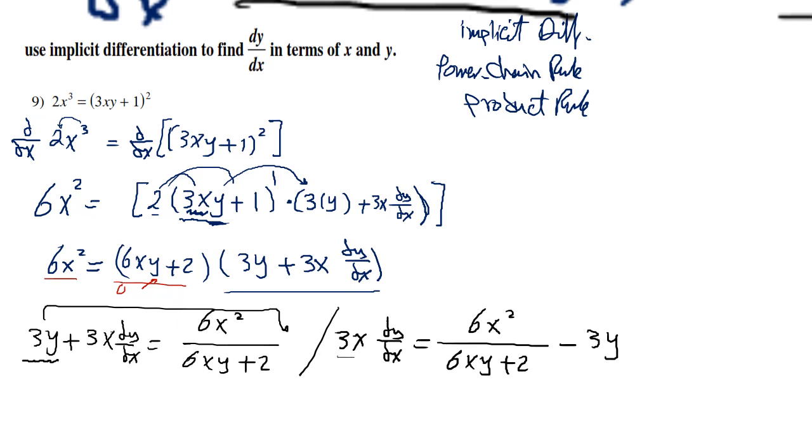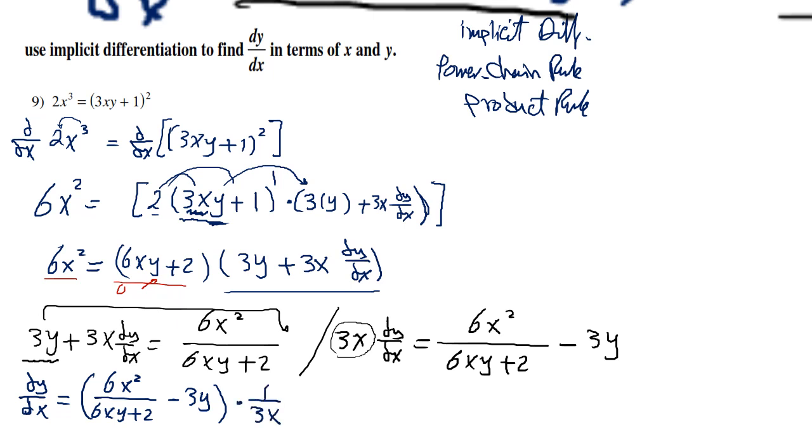Now I need to divide each term of these by 3x. So dy/dx is equal to 6x^2 divided by 6xy + 2, minus 3y, divided by 3x, the same as multiplying by 1 over 3x.